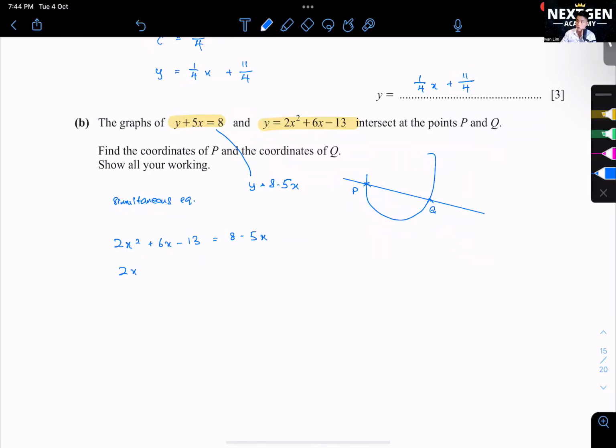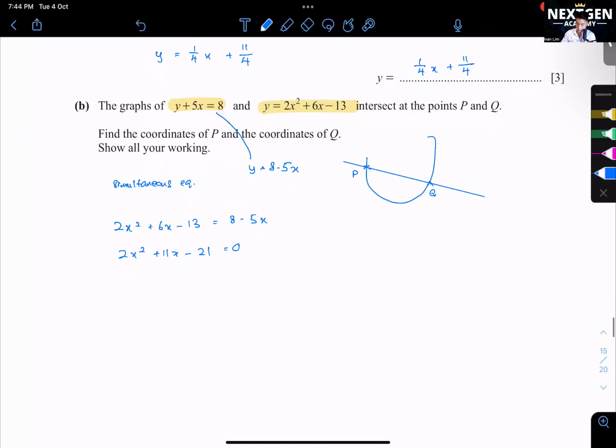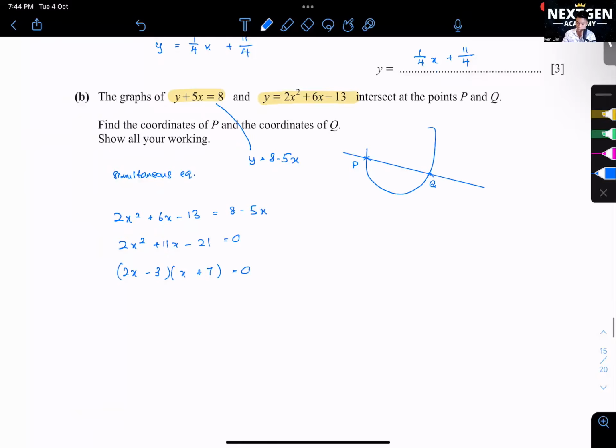You'll get 2x squared plus 11x minus 21 equals to 0. And you'll get (2x minus 3)(x plus 7) equals to 0. This one you get x equals to 3 over 2. This one you get x equals to negative 7.